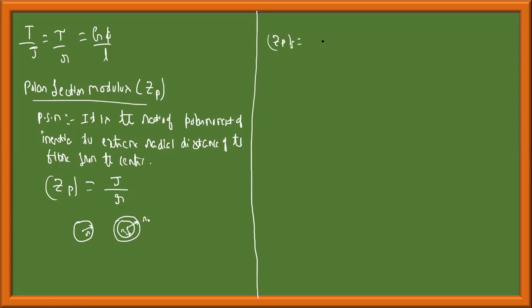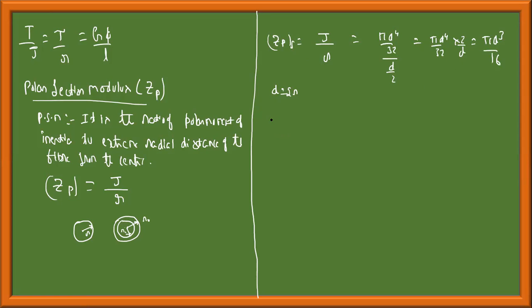Zp of a solid cylinder is polar moment of inertia J divided by extreme radius, in this case R. J is pi d power 4 by 32, divided by R, where R is d by 2. So pi d power 4 by 32 into 2 by d, which is equal to pi d cube by 16.